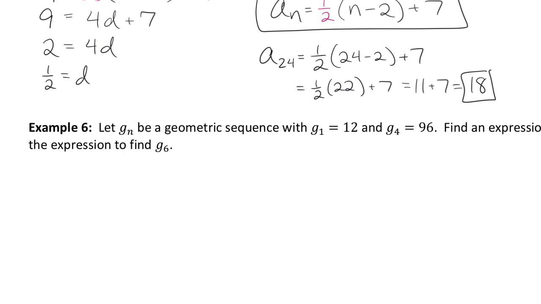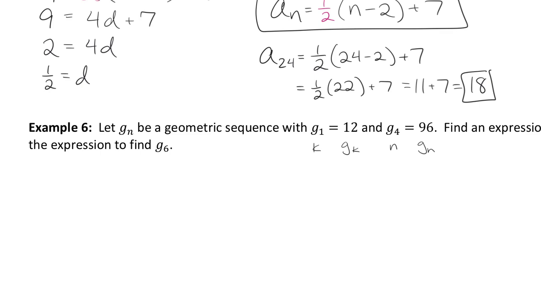So this is going to be k and g sub k. This is going to be n and g sub n. Technically, it doesn't matter which one you label which. It's just easier, especially with geometric, if the larger one is n.